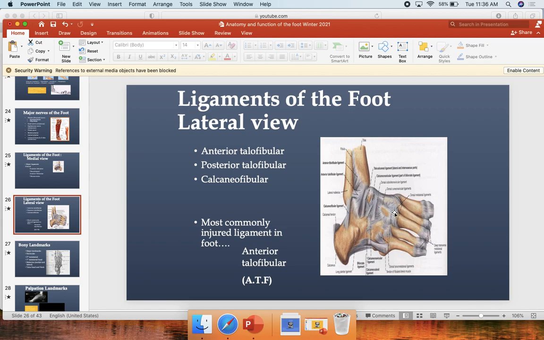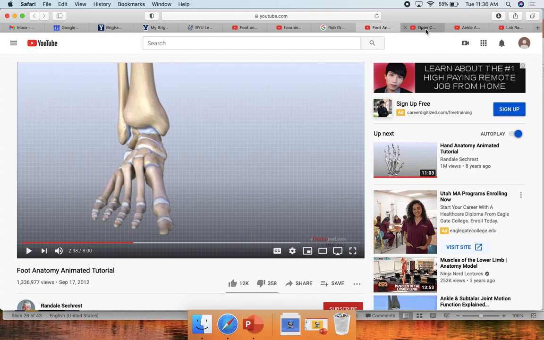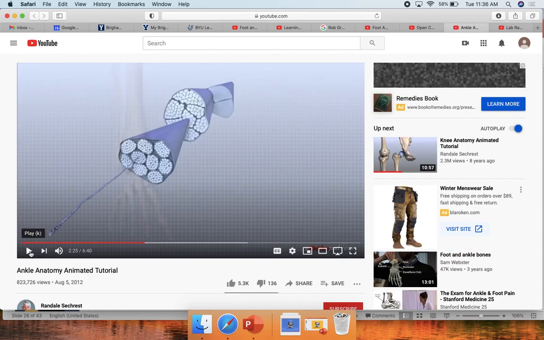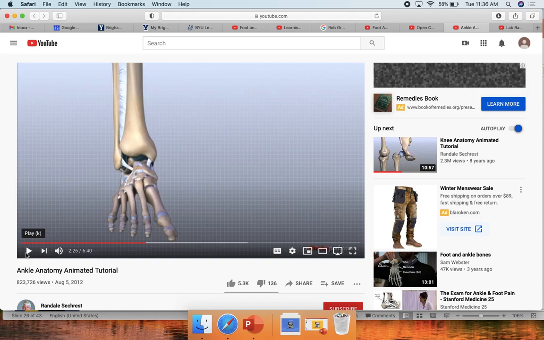I have personally treated several times where I thought one of these smaller ligaments was injured. But for the purposes of this class, we're going to just focus mainly on the lateral ligament complex and the medial ligament complex. I have another video here so that we can see these in isolation really quickly.